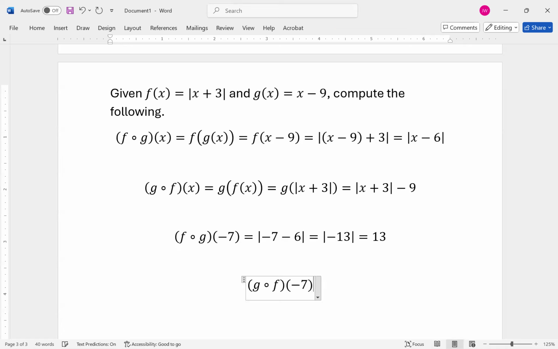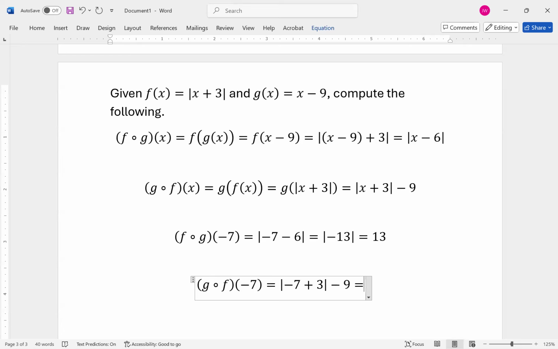On the other hand, if I did g of f of -7, I take absolute value of -7 plus 3. That -7 plus 3 is inside my absolute value. And then after I took the absolute value of that, I would subtract 9.